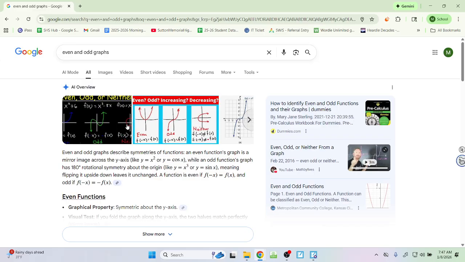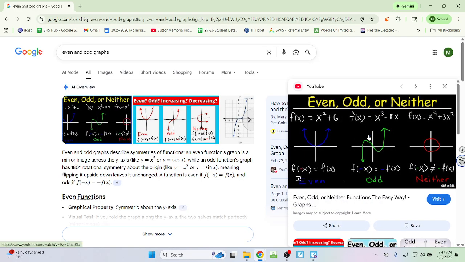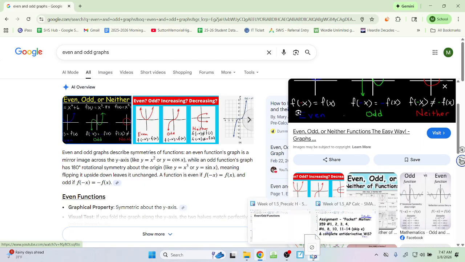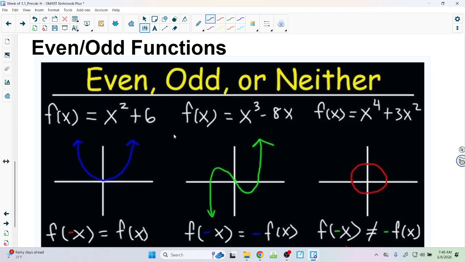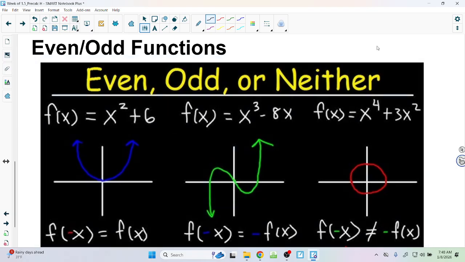So just simply Google it. And if we Google it, we see right away that this is an even and odd graph. Okay. So here are 3 graphs. One is even, one is odd, and one is neither. So just visually look at it, okay?